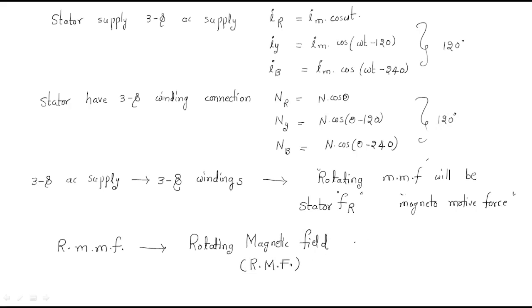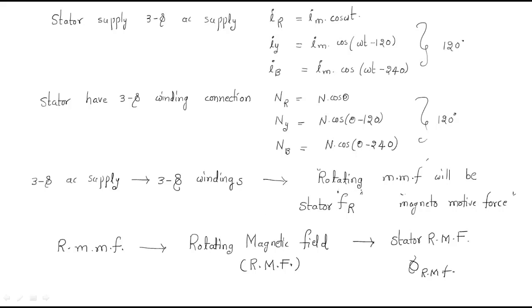It is produced in the stator, that's why it is called the stator RMF. This is the flux, the stator RMF. Understand? So the first most important point is, whenever three-phase AC supply is given to three-phase windings, the rotating MMF will be produced.